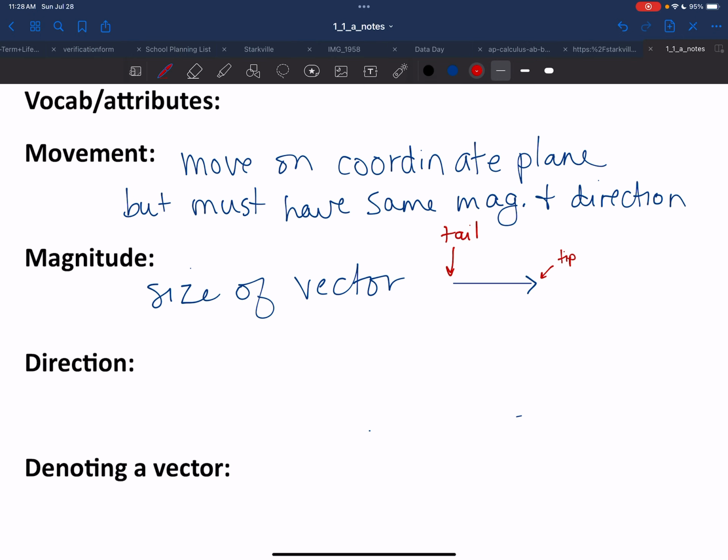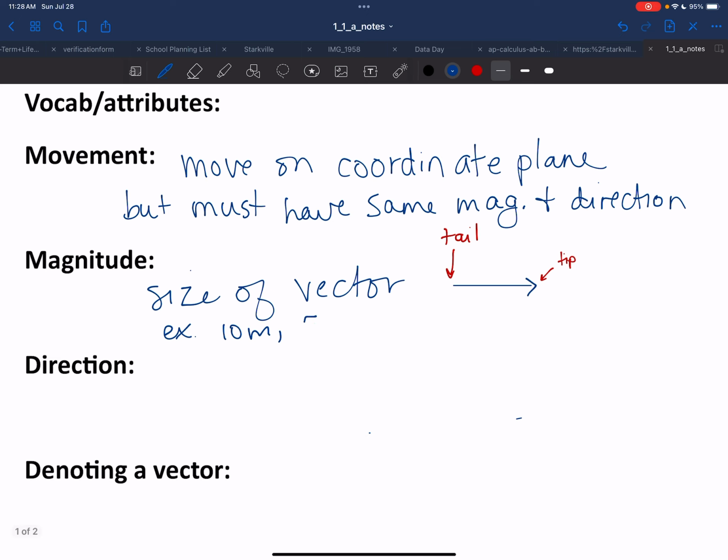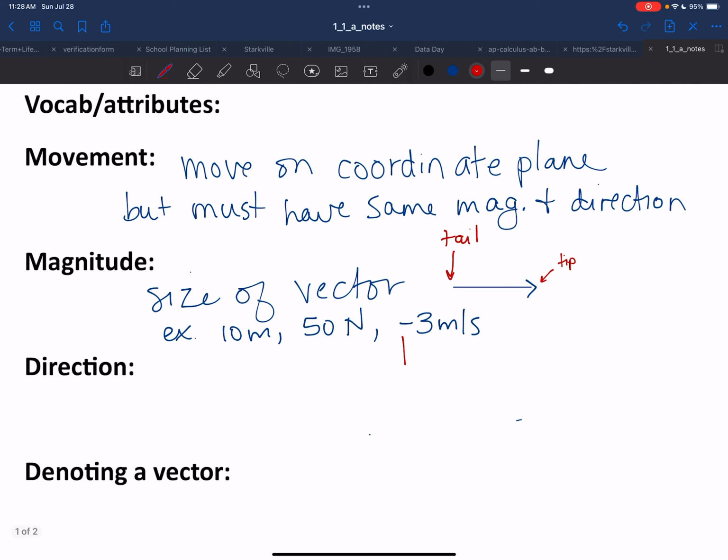And then the direction, the magnitude, it has a unit. So we could say, for example, 10 meters, 50 newtons, -3 meters per second. Now, this negative thing here actually speaks to our direction, okay?